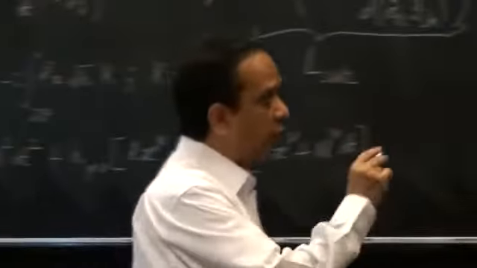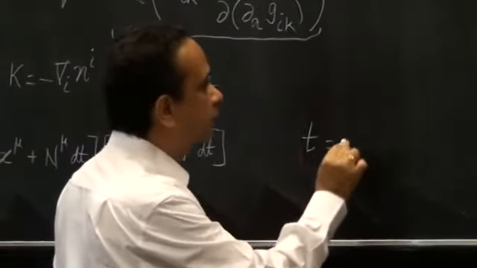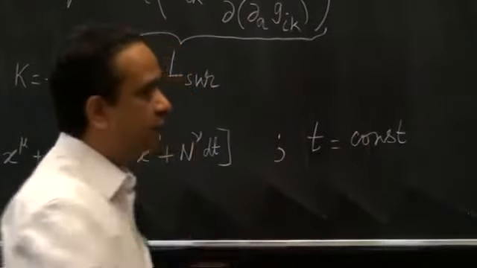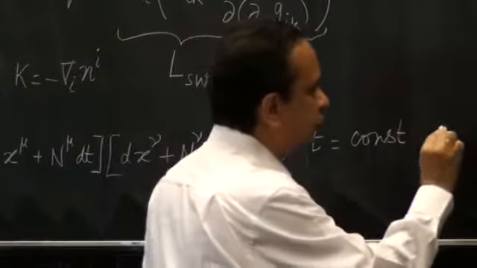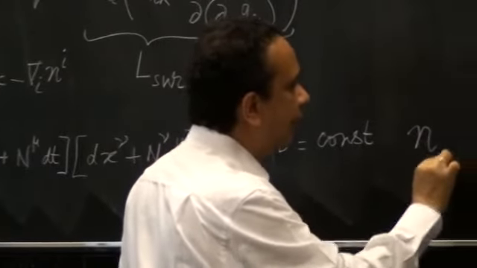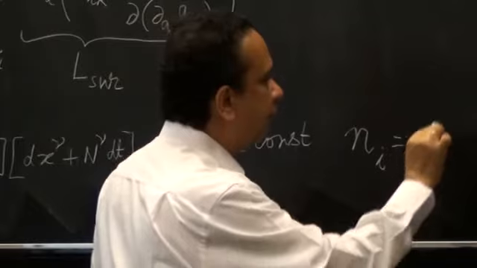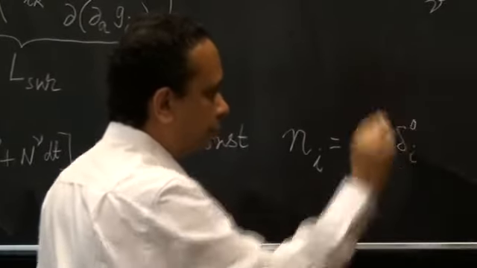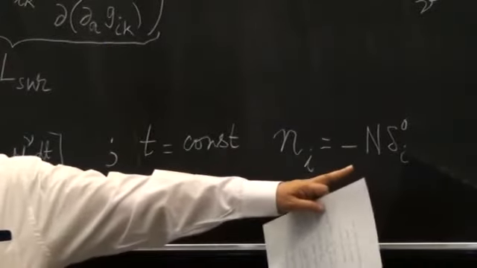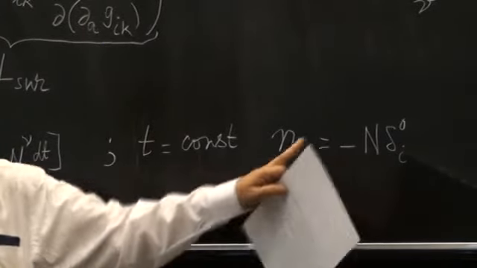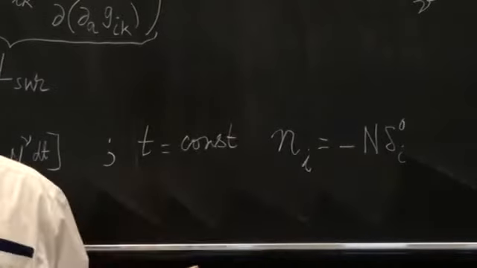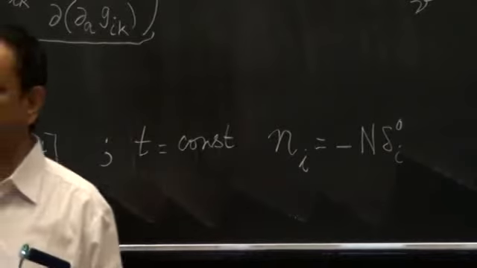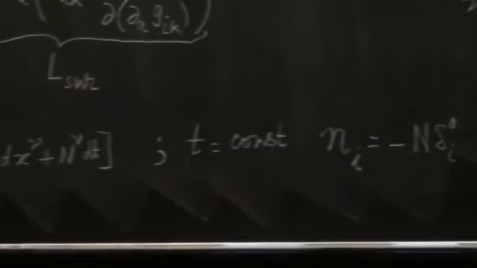Okay, so on a t equals constant surface, I will compare these two terms. On a t equals constant surface, your normal vector Ni, I will take it to be minus N delta I0. This N is needed to normalize it, and I am putting this minus sign so that when I take Ni, which is the real vector, this is one form, with my signature it will have a positive outward direction. Okay. That is again just a convention.